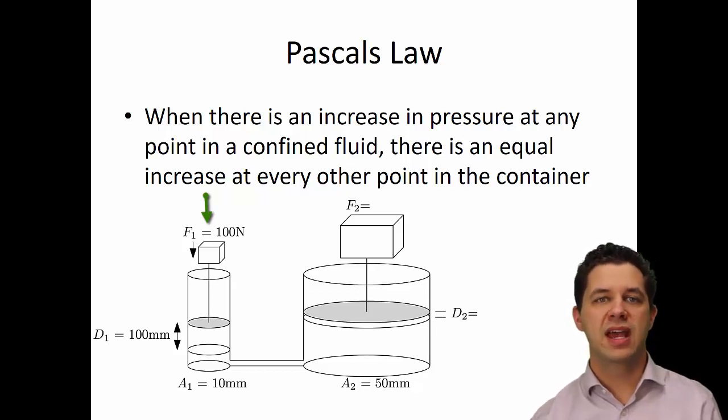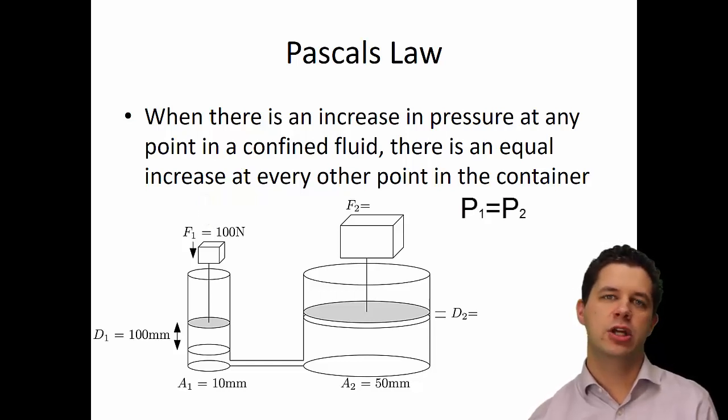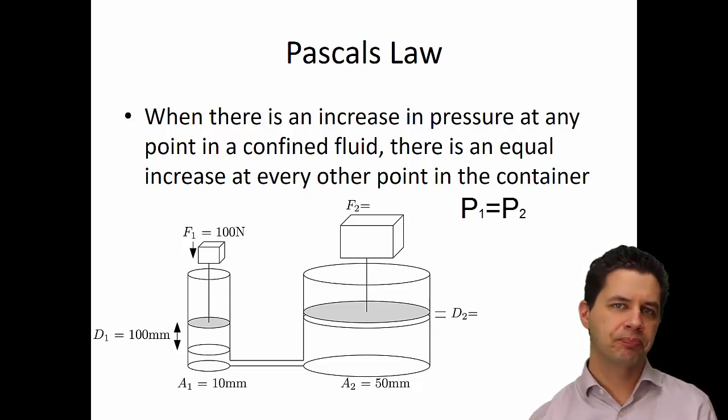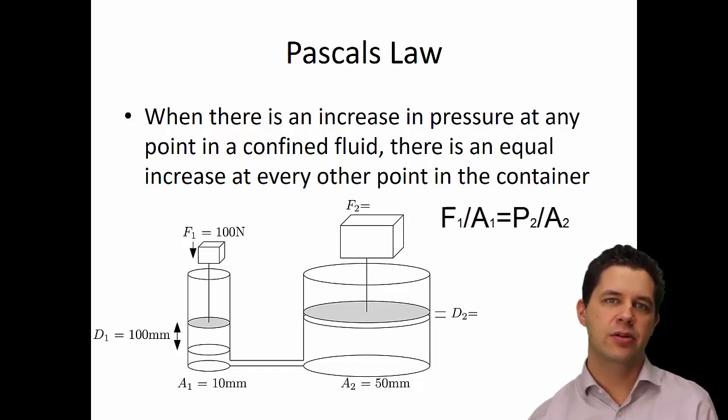What we can say is the pressure is the same, so P1 is equal to P2. We have the same pressure in each of our cylinders. Since P1 is equal to P2, F1 on A1, so 100 newtons on 10 millimeters, is equal to F2 on A2.